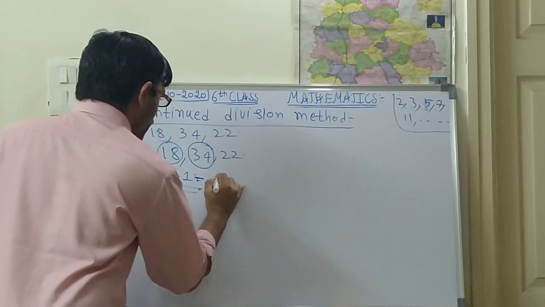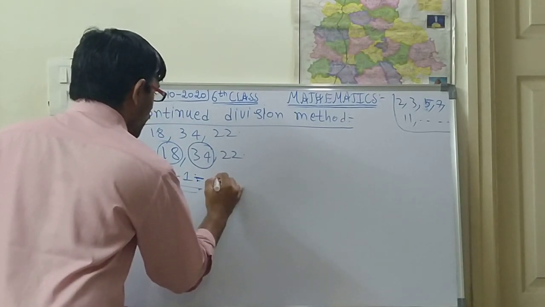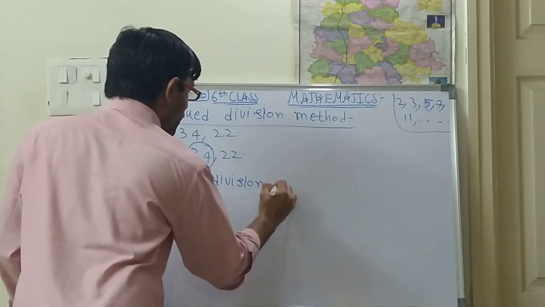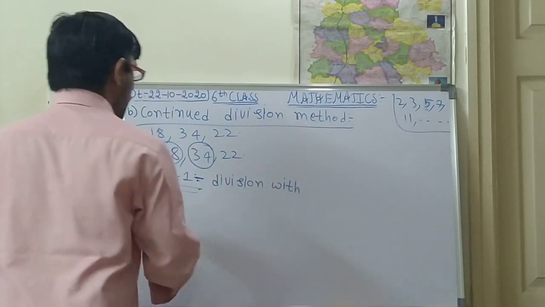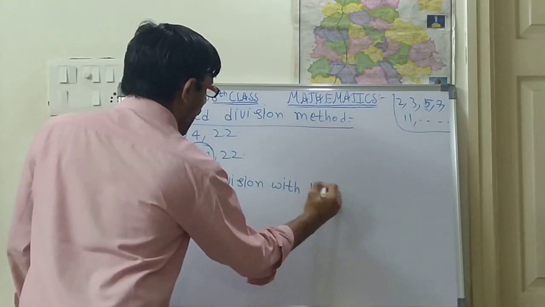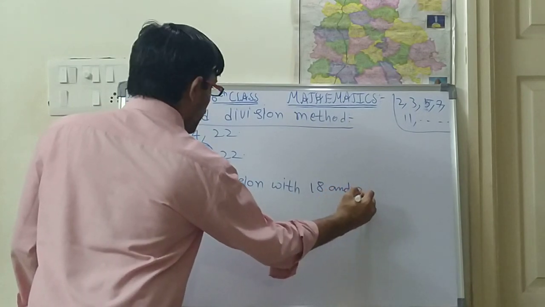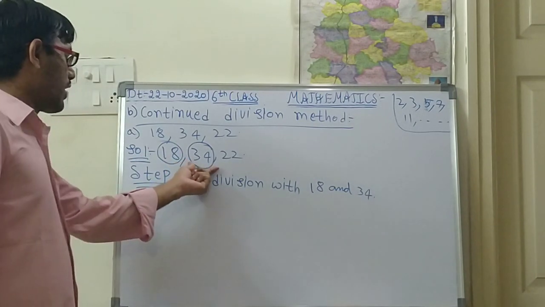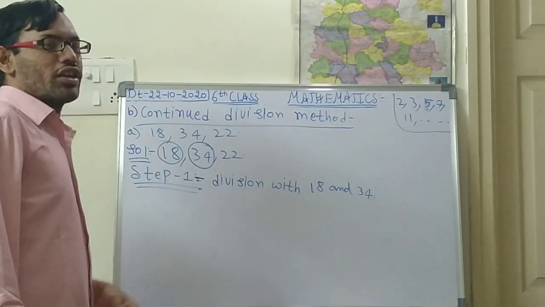Division with 18 and 34, because it is with the one greatest number and one smallest number.